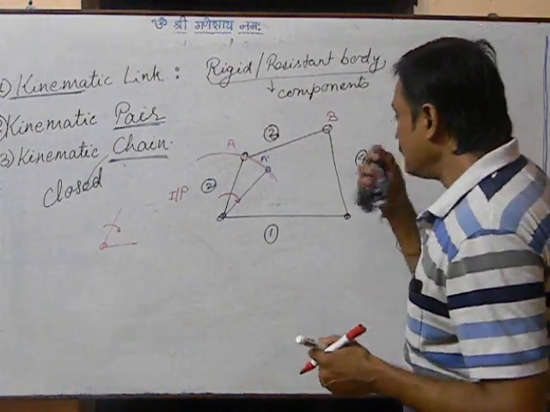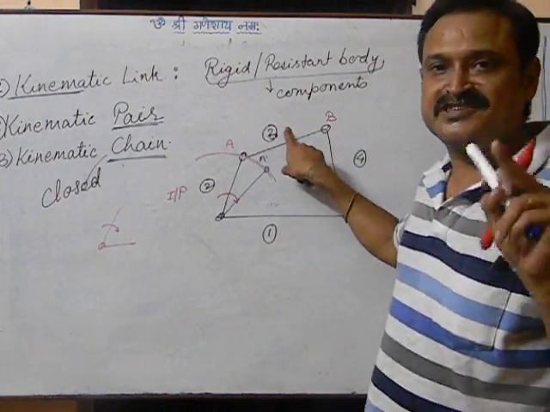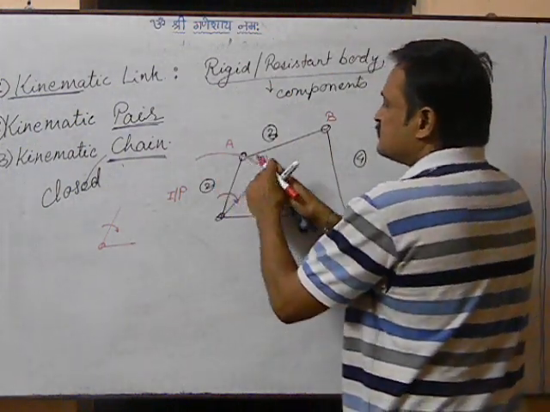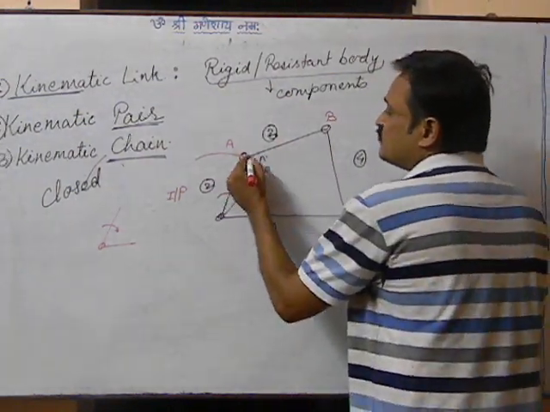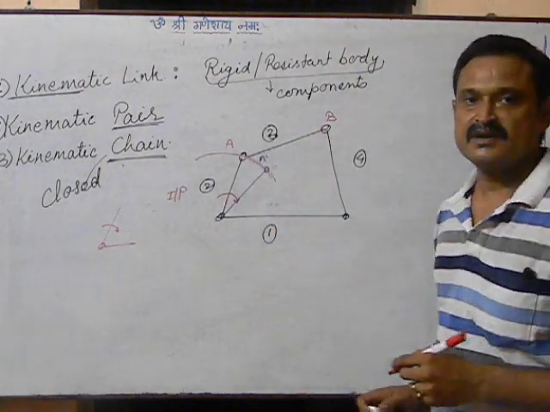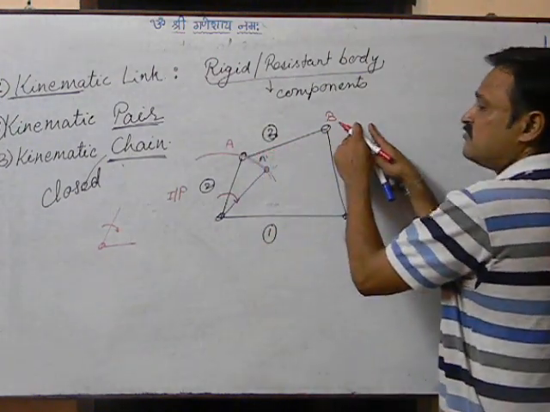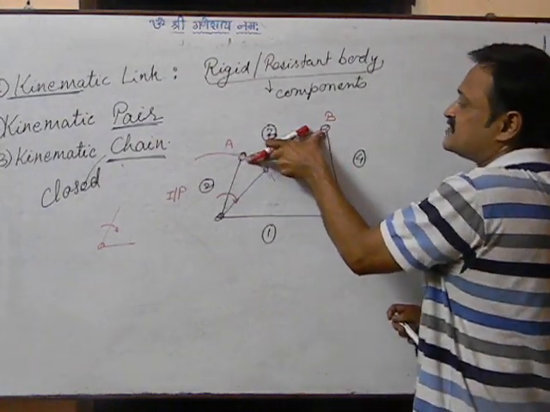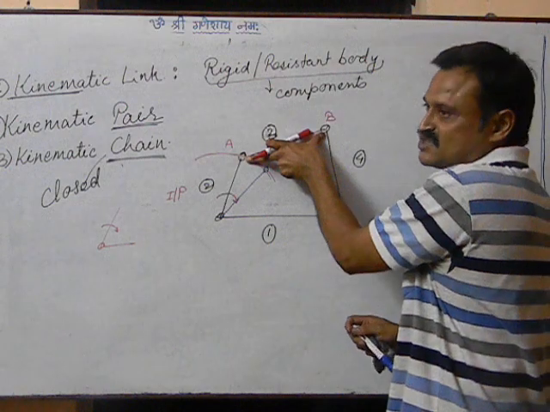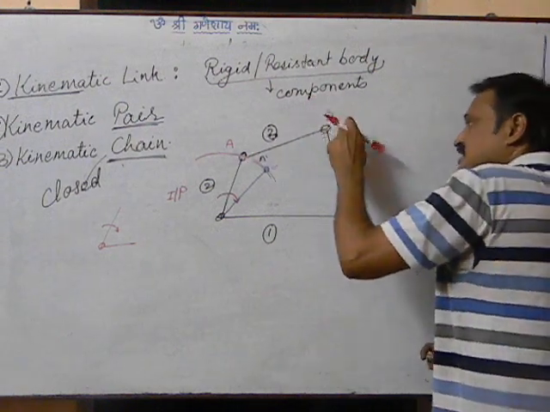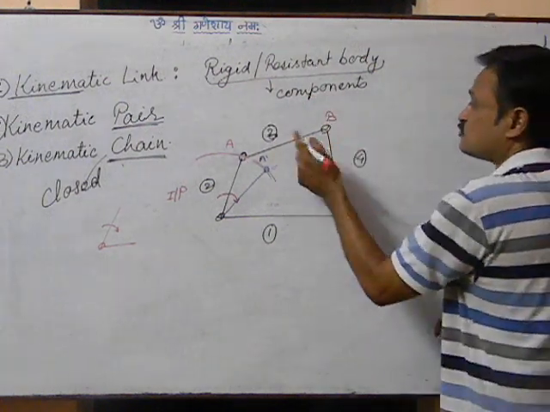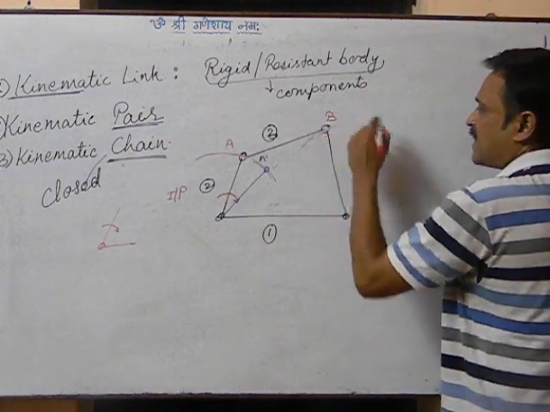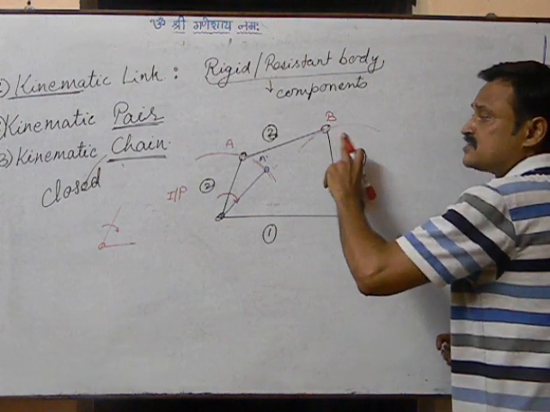Now link number 3 is also a rigid body, so it is not going to bend. See how A has moved forward and came down. If so, then this link will move ahead, and definitely the length of link 3 is not going to change. And just think about joint B. Joint B will have a locus or path with the radius of link 4.